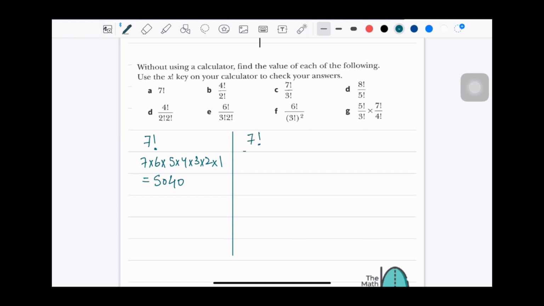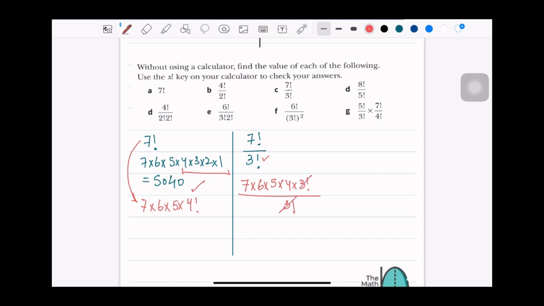Let's see how we can manipulate multiple other questions. So 7 factorial over 3 factorial. Here, 7 factorial is 7 times 6 times 5 times 4 factorial, because 4 factorial is 4 times 3 times 2 times 1. To cancel the 3 factorial, I can expand it up to 7 times 6 times 5 times 4 times 3 factorial over 3 factorial, and this cancels out.